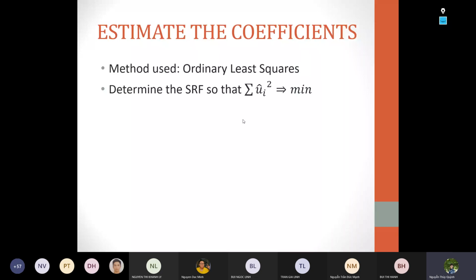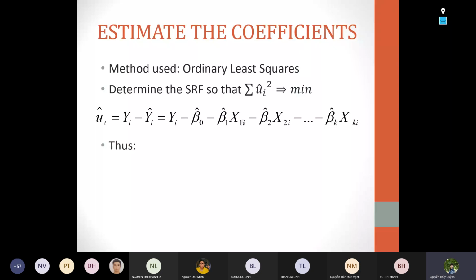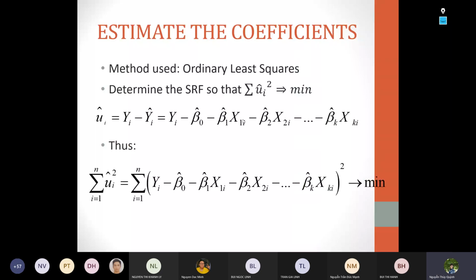Here we have the sum of square residuals, where the residual ui hat is equal to y minus the fitted value of y, where the fitted value of y is equal to this one.